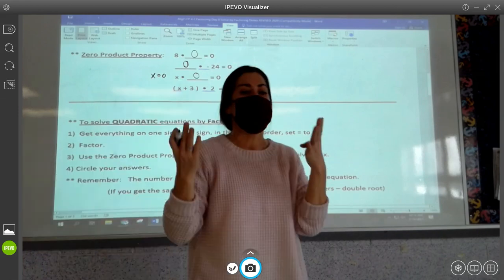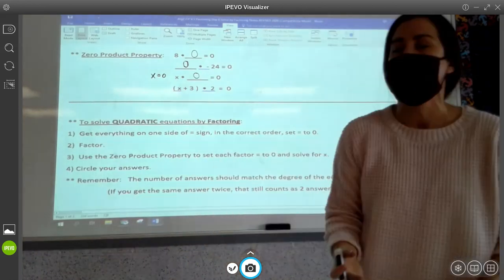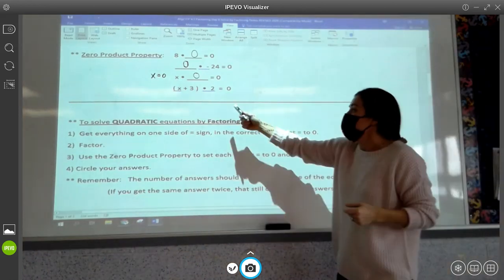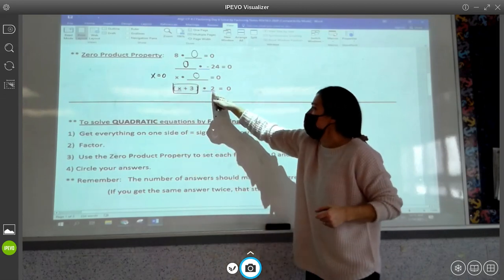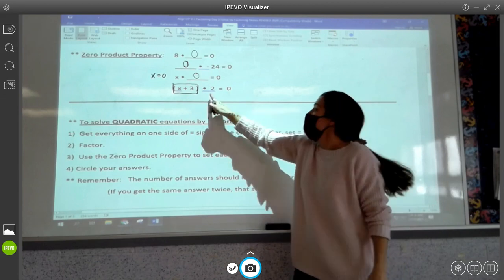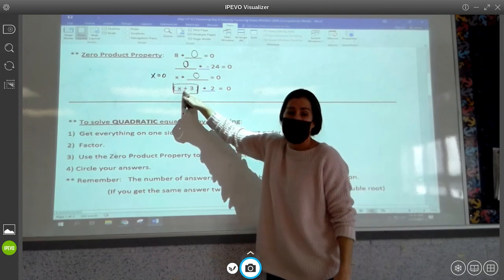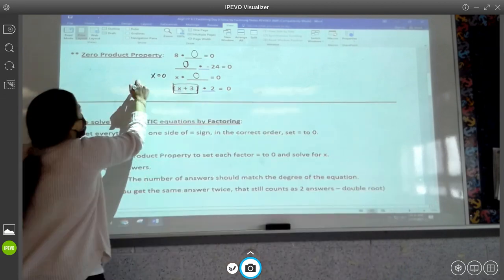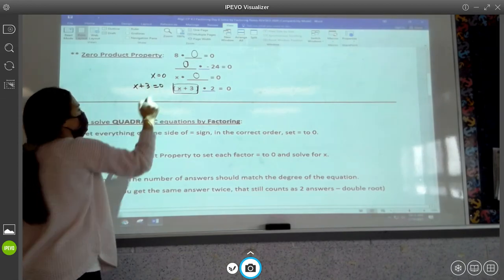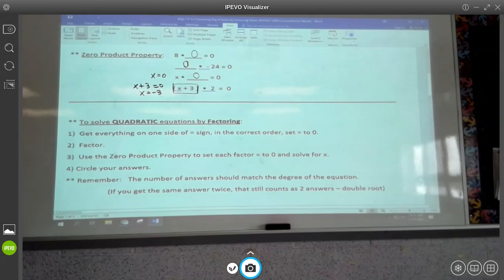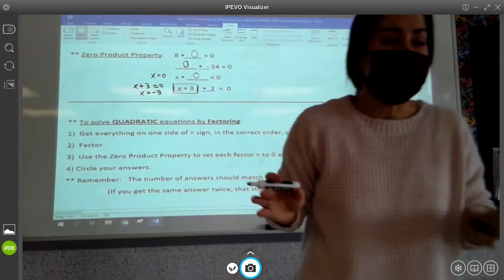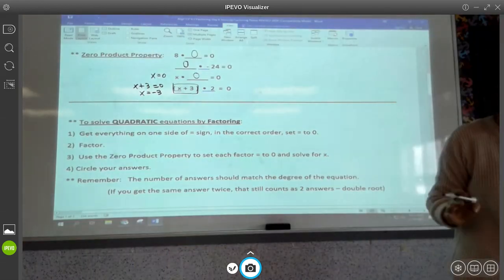But the point is, somebody had to be 0. And the same thing over here. If this times 2 ended up equaling 0, well then guess what this had to be? This had to be 0. X plus 3 had to equal 0, and now we know x had to be negative 3 in order to make that statement true. And that's exactly how we're going to solve equations by factoring.